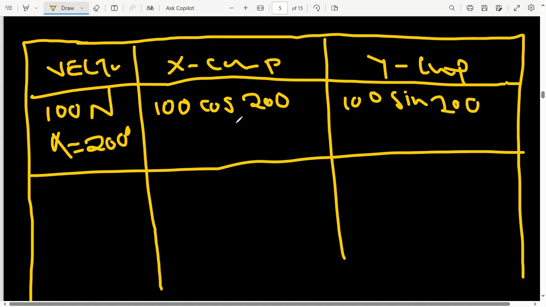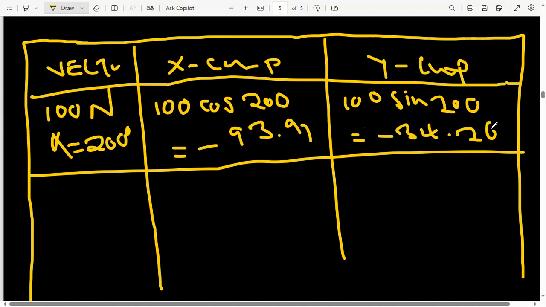You can punch this into your calculators to find the actual value. If I punch this, I'm getting minus 93.97 here, and minus 34.20. I'm just rounding these off to two decimal places.